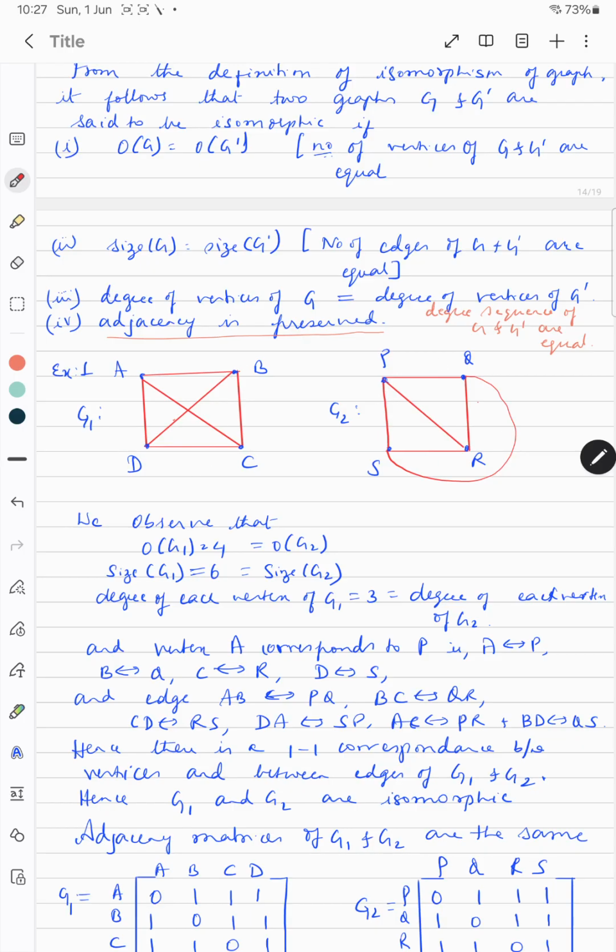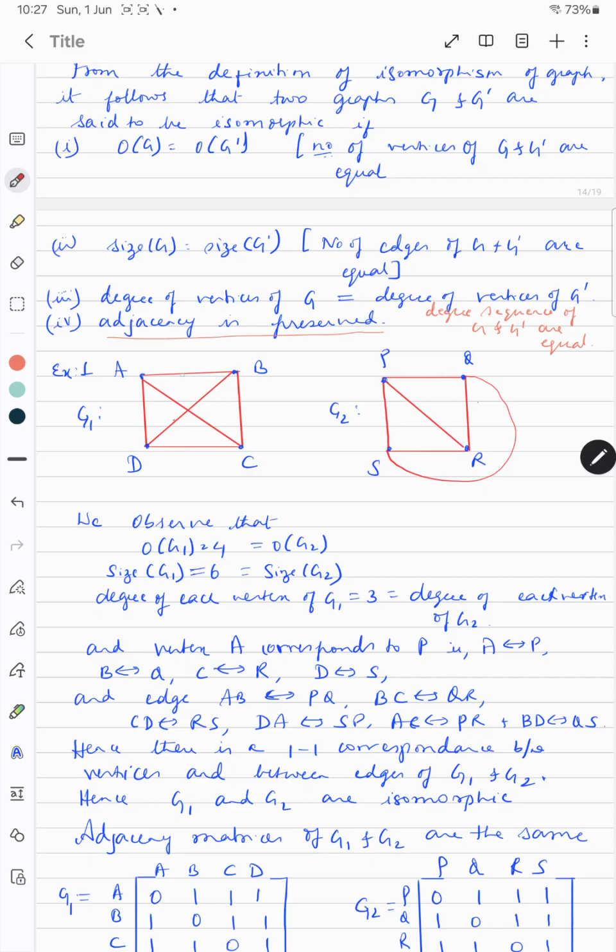They differ only in the geometrical representation. Rest all is the same, which means that the order of the graph G1 is 4 and the order of graph G2 is also 4, because there are 4 vertices present in G1 as well as in G2.